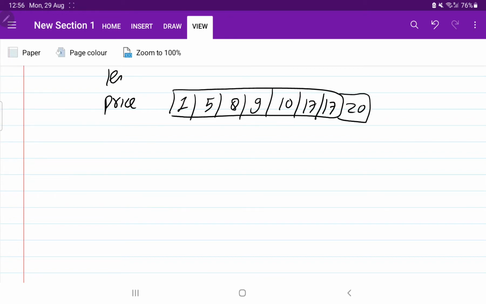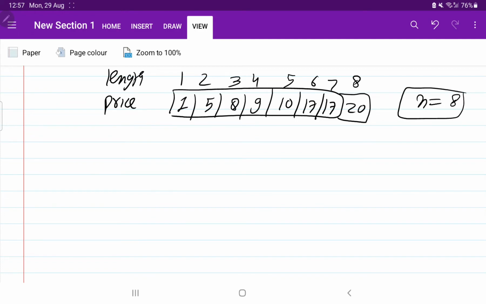This is the price array and this is the length array: 1, 2, 3, 4, 5, 6, 7, 8. Perfect. So in the recursive solution, first of all we need to check the base conditions. Okay, so first of all we need to take the decision on this, then we need to take the decision.